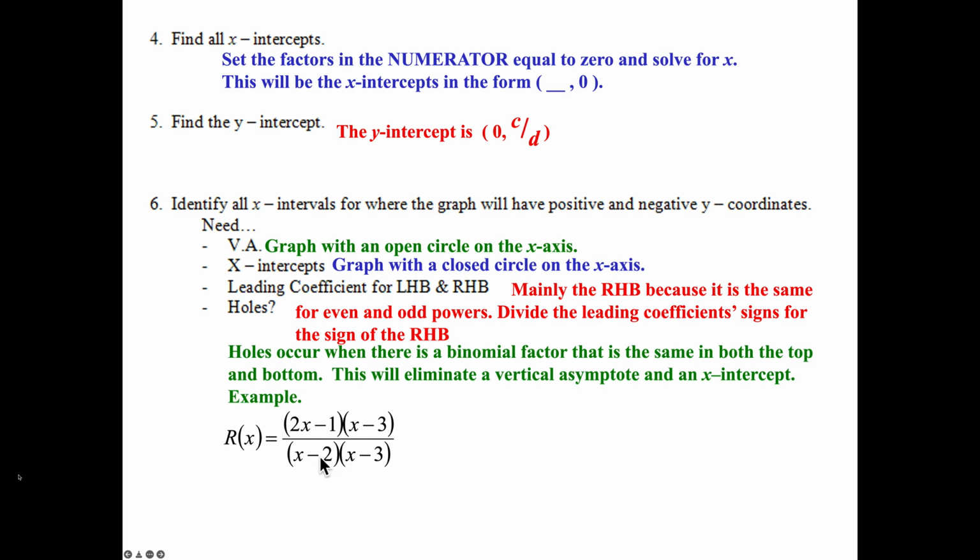So an example would be, let's say I factored my two quadratic polynomials top and bottom, and I have an x minus 3 both top and bottom. They are going to cancel out, but I don't throw it completely away. This is my new rational function, but my hole is going to occur when x is equal to 3.